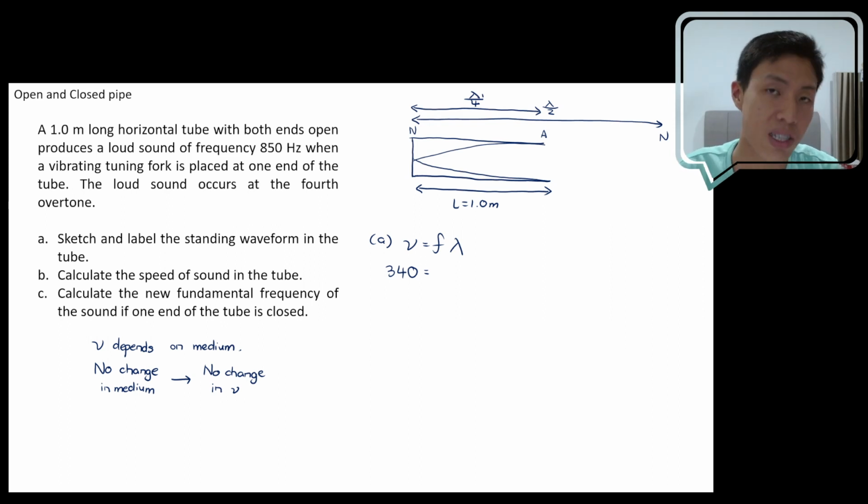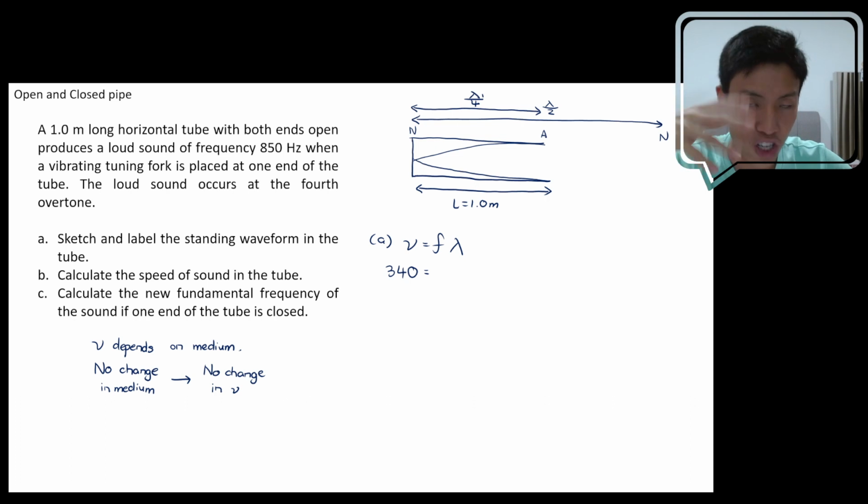That's why even though you change the tube to a closed-end tube, you're changing the pipe, not the air inside the pipe. So you can still retain the same speed of sound, which is 340 meters per second.